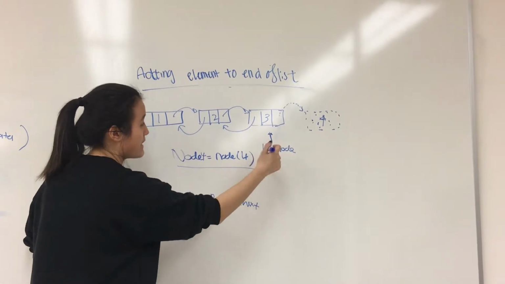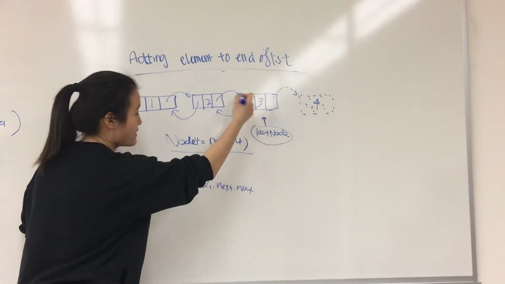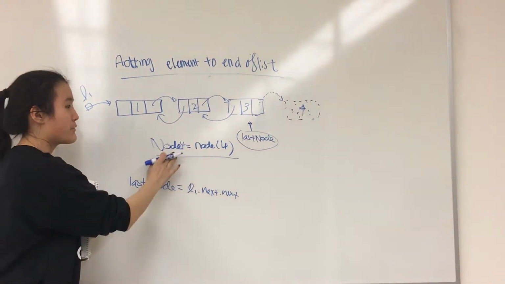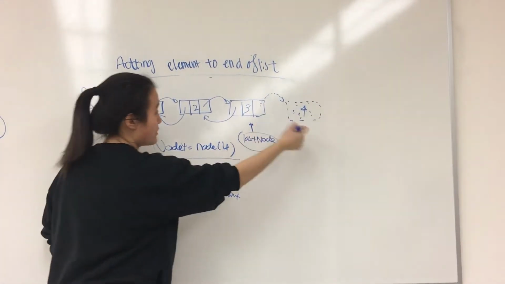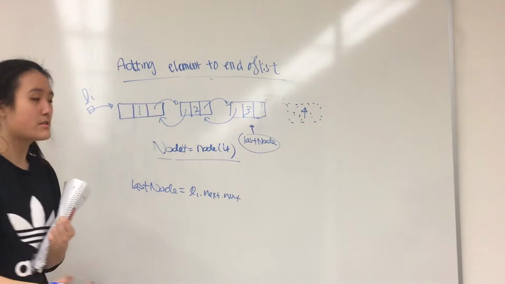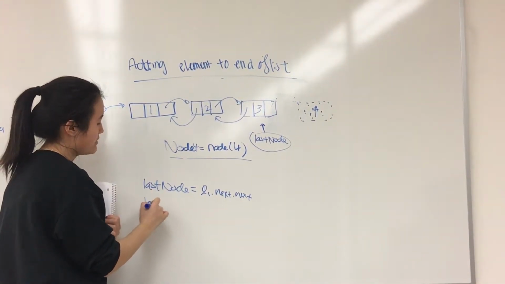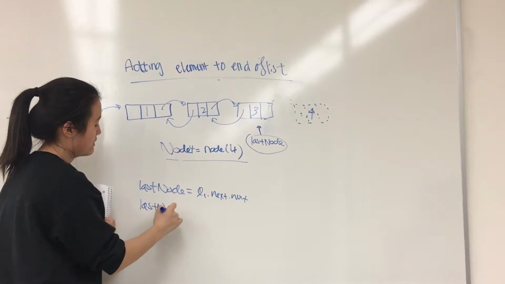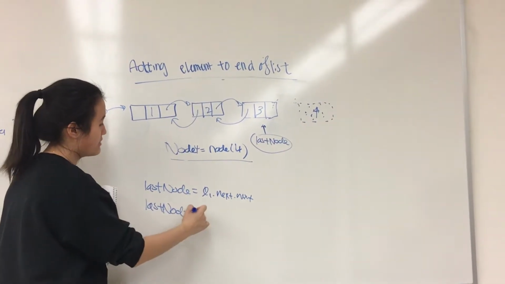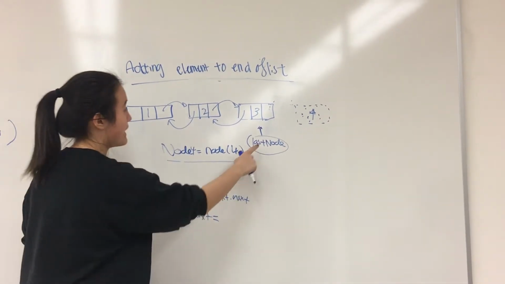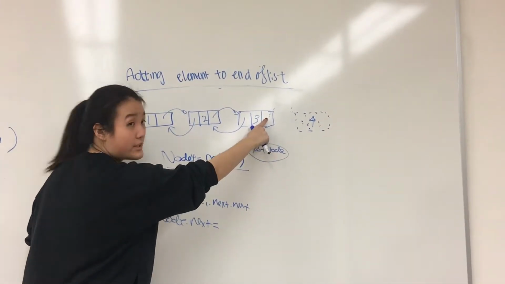Now this guy is actually pointing to this node. Perfect. Now that we have that, and we have node 4 right here, which is just floating around, this arrow still doesn't exist. So what we want to do is last node dot next. We're going to create that arrow right now.